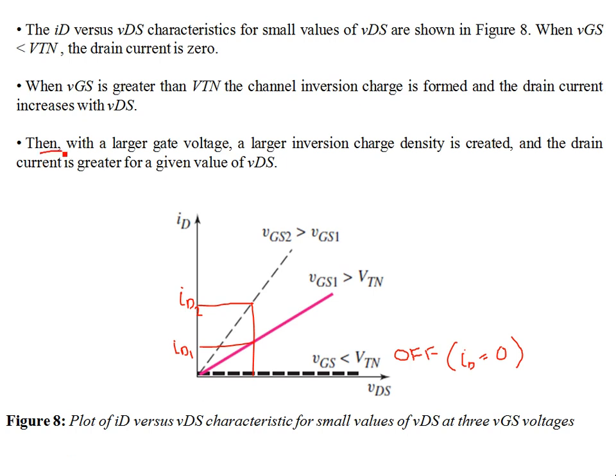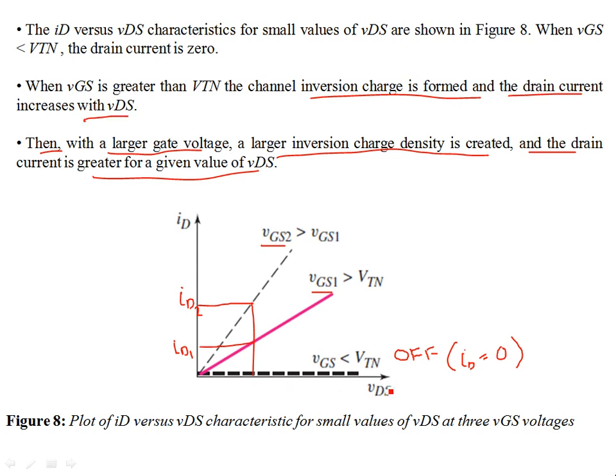So it says over here, with the larger gate voltage, the VGS2 is larger than VGS1, you have more current. The larger inversion charge density is created, and the drain current is greater for the given value of VDS. So when VGS is greater than VTN, which is the threshold, channel inversion charge is formed, and the drain current increases with VDS.